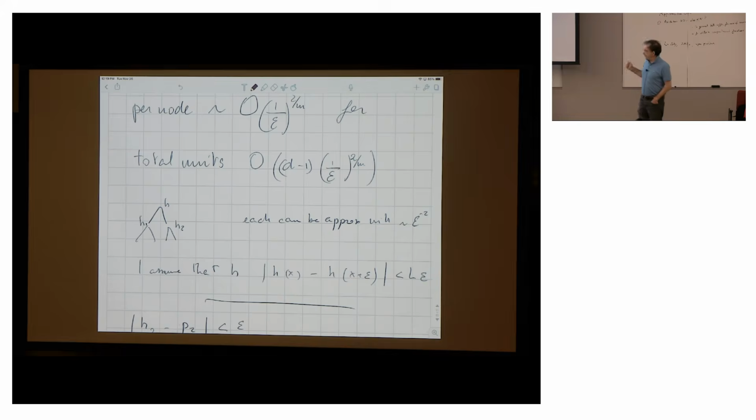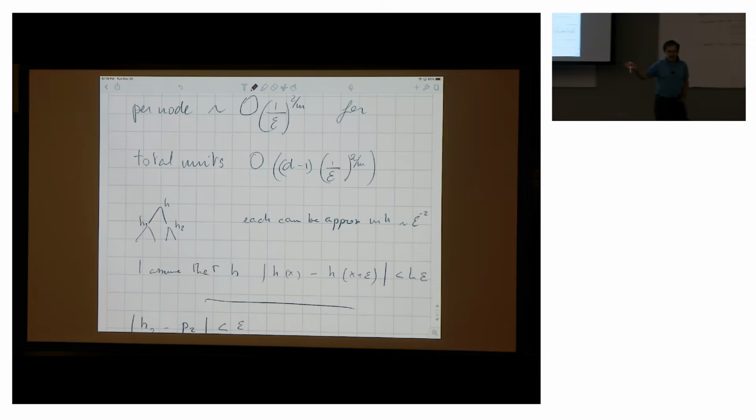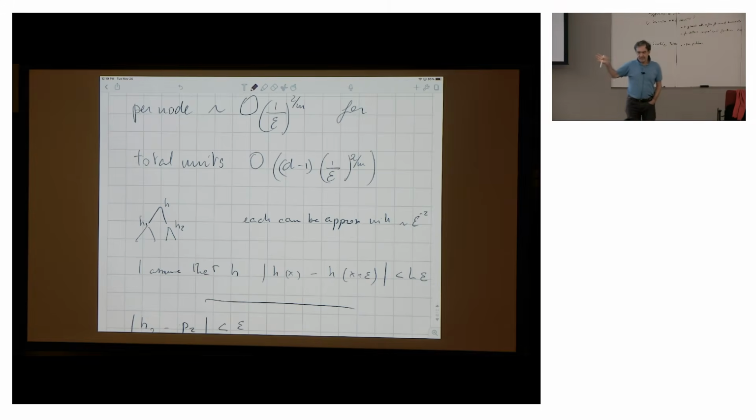So the interesting thing is that in order to get this result, which means you don't have the curse of dimensionality for deep networks which have the same architecture as these compositional functions, you don't need weight sharing. Weight sharing will help even more because, of course, you have fewer parameters.